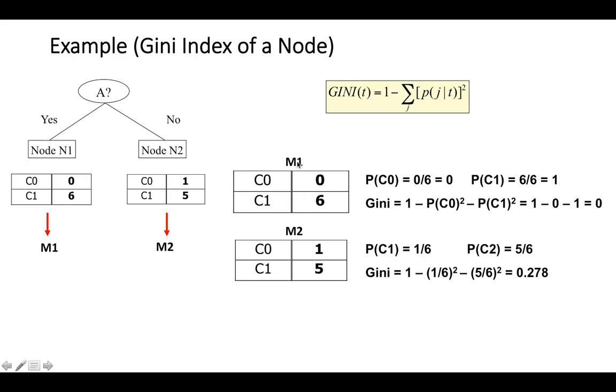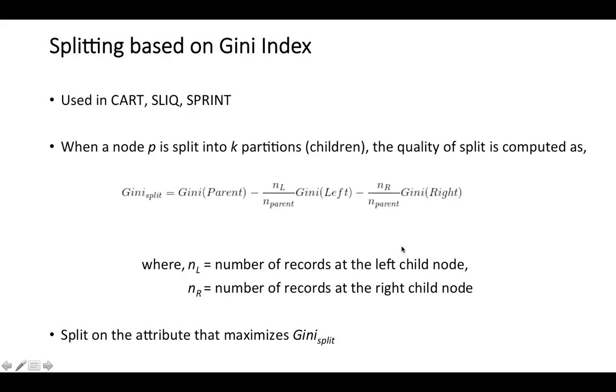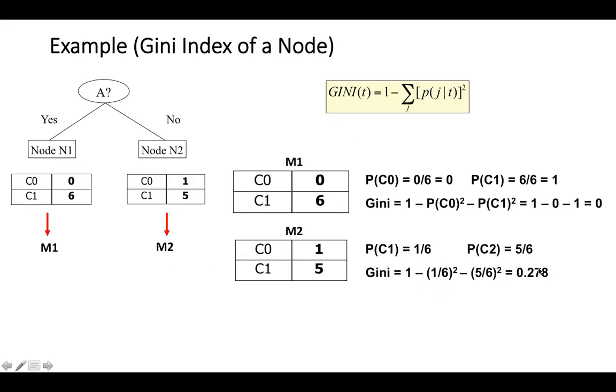Let's say that for N1 class 0 is 0 and class 1 is 6, whereas for N2 class 0 is 1 and class 1 is 5. You can compute the Gini index from p(j|t). For N1 it is just going to be 0, and similarly for N2 the Gini index is going to be 0.278.